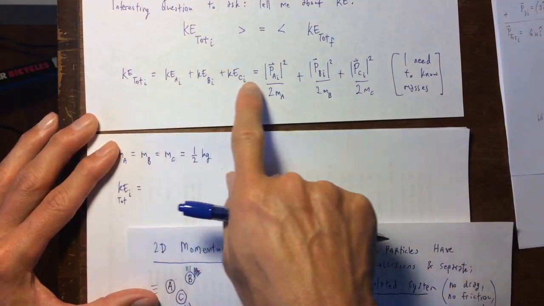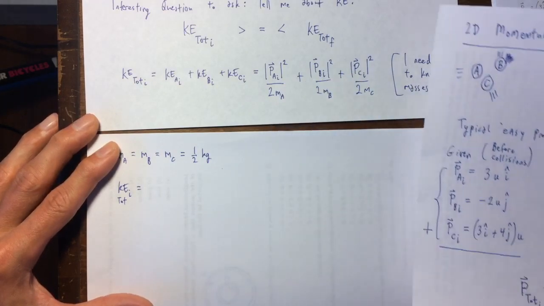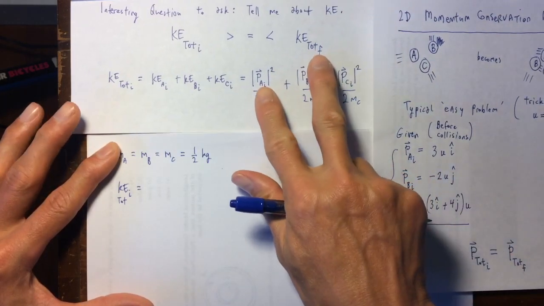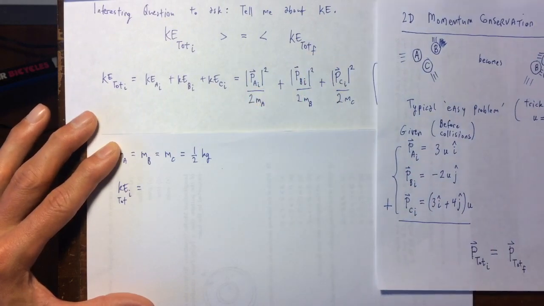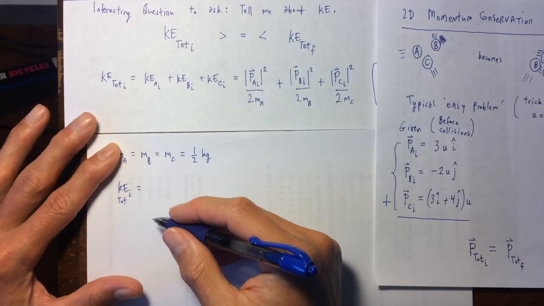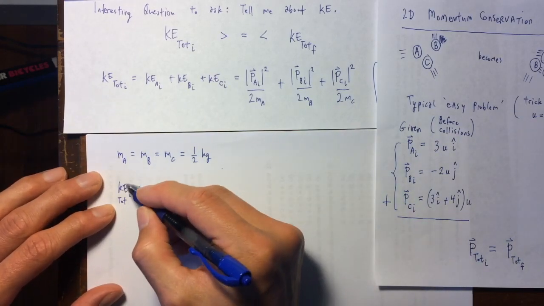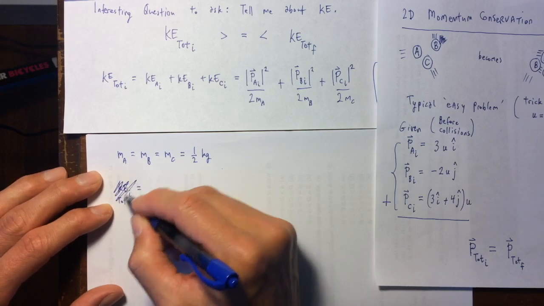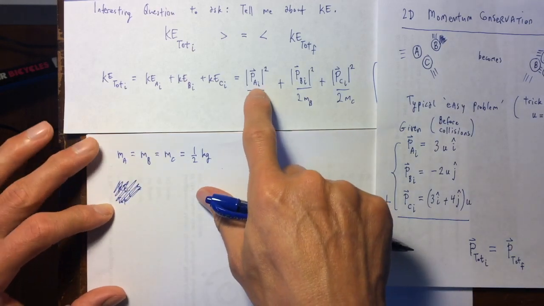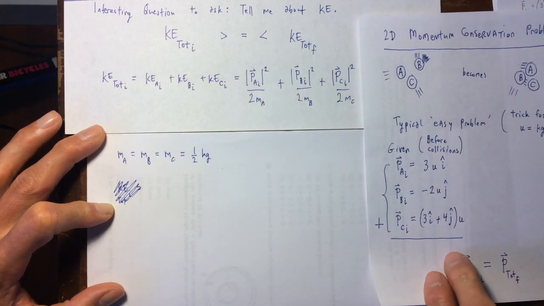So I want to calculate this thing, which is these vectors, and here are those vectors, PA, PB, PC. So in order to do this, I guess I can't just directly write them down. I know that what I need to do is take the magnitude squared of each of those vectors. So I'll do that now.